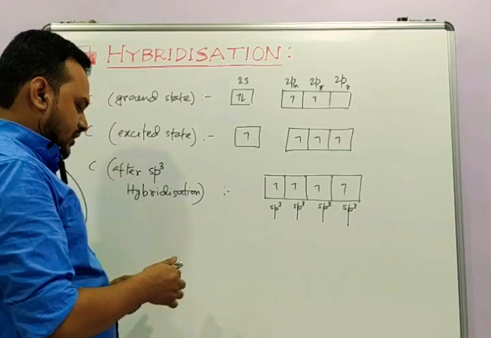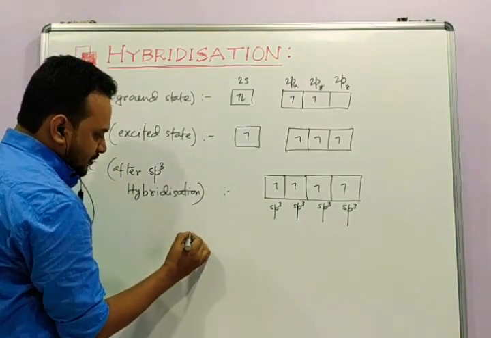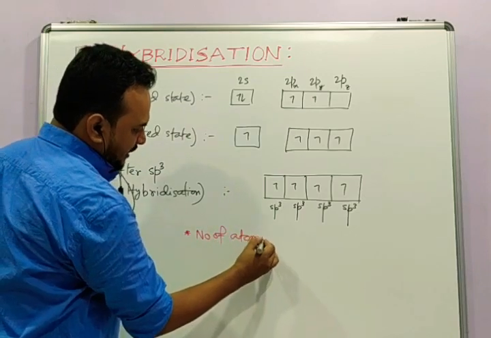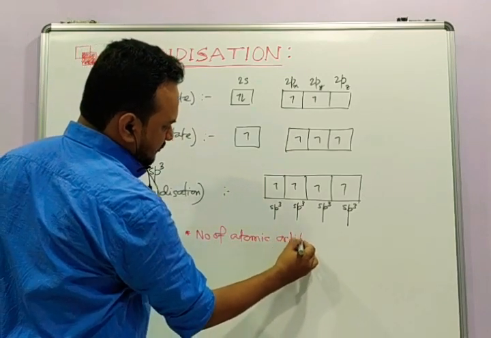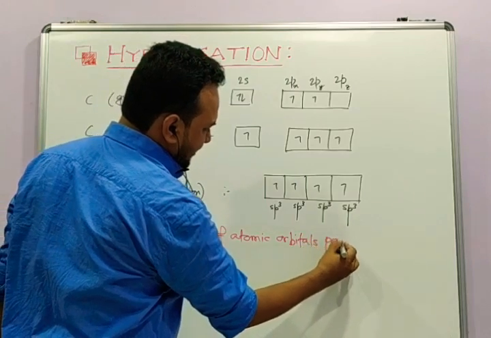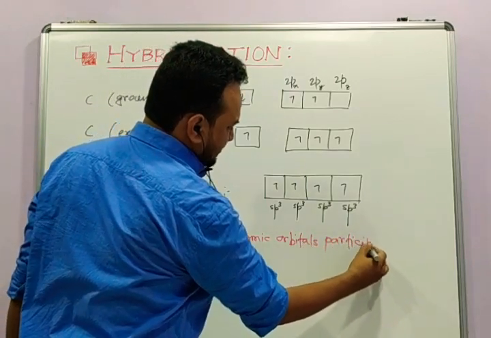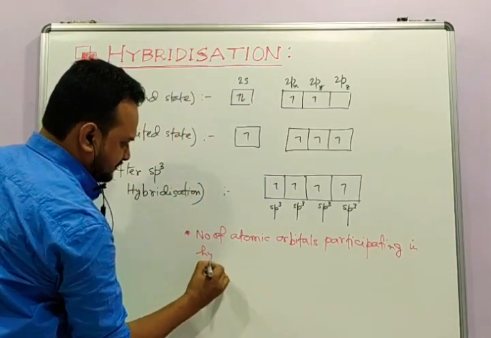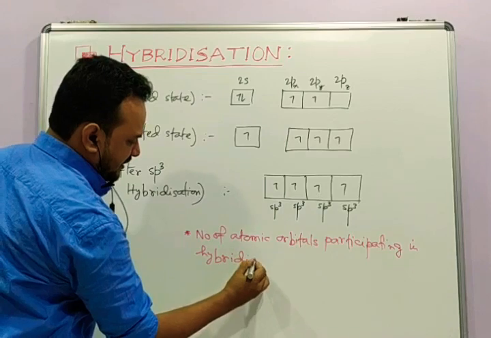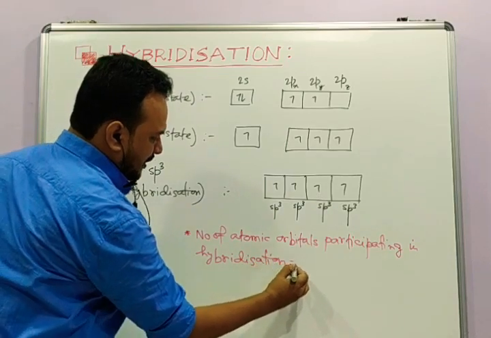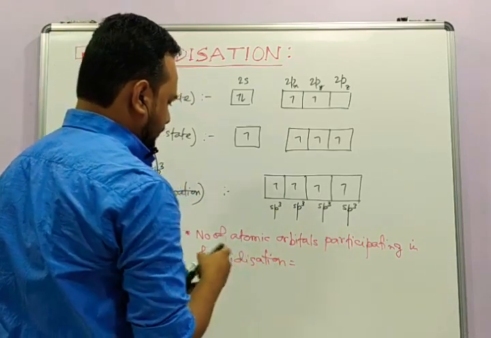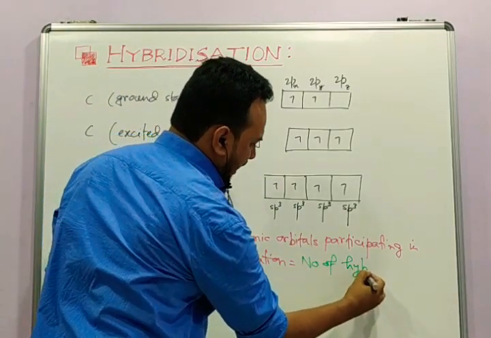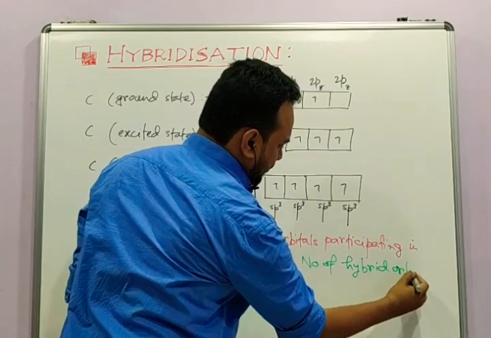And what is the condition of hybridization? The condition is that the number of atomic orbitals participating in hybridization will be equal to the number of hybrid orbitals produced.